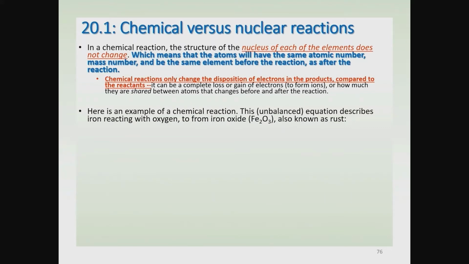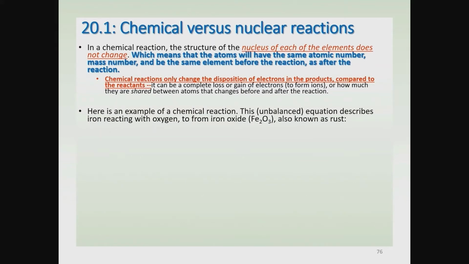So if you have a chemical reaction with two elements A and B, and those two elements have a certain number of protons and neutrons, and they combine to form the compound AB, in the compound AB those protons and neutrons will be the same number as in the elements that combined.